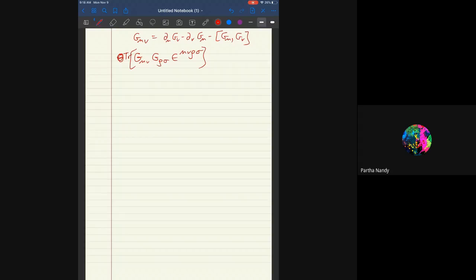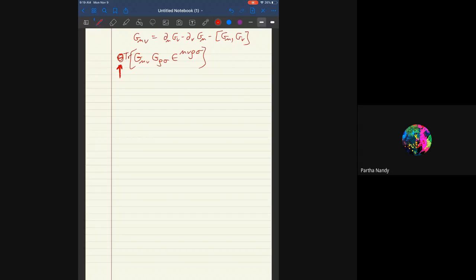If this term is present, if theta were non-zero, it would lead to a non-zero electric dipole moment for the neutron. But when we look experimentally for the electric dipole moment of the neutron, we don't detect it.